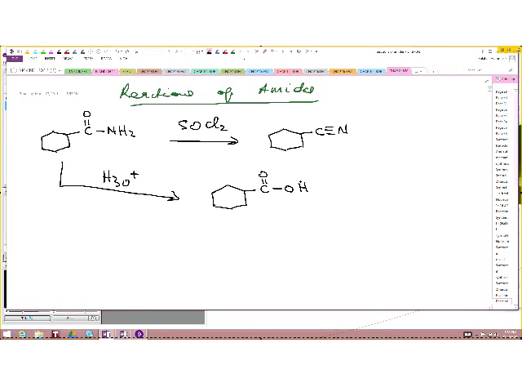Keep in mind, this is a general reaction. This applies to any of the amides. This is a case of a primary amide, but we could also do this on a secondary amide or tertiary amide. Take lithium aluminum hydride, followed by hydrolysis. What this will do is transform the carbonyl of the amide to a CH2.